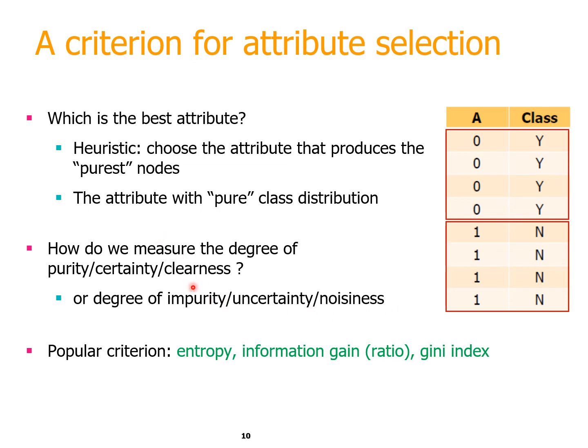Either way is fine. In decision trees, we have some options including entropy, information gain or information gain ratio, or the Gini index, which can measure the degree of purity or impurity. We're gonna talk about this later.